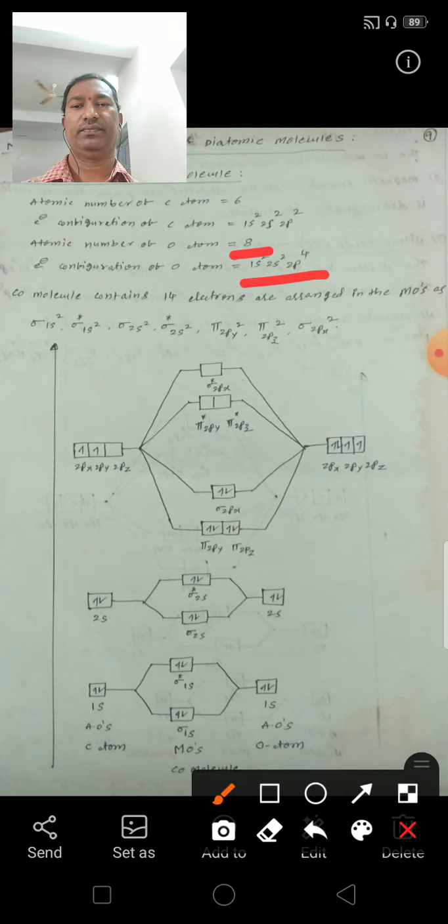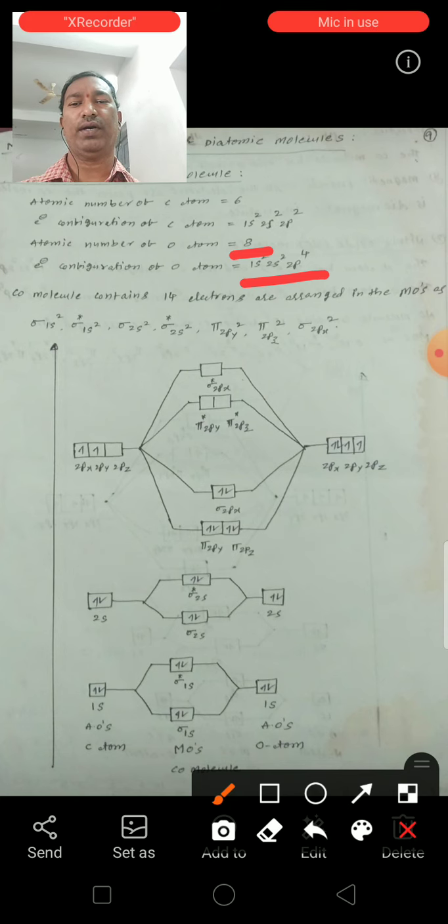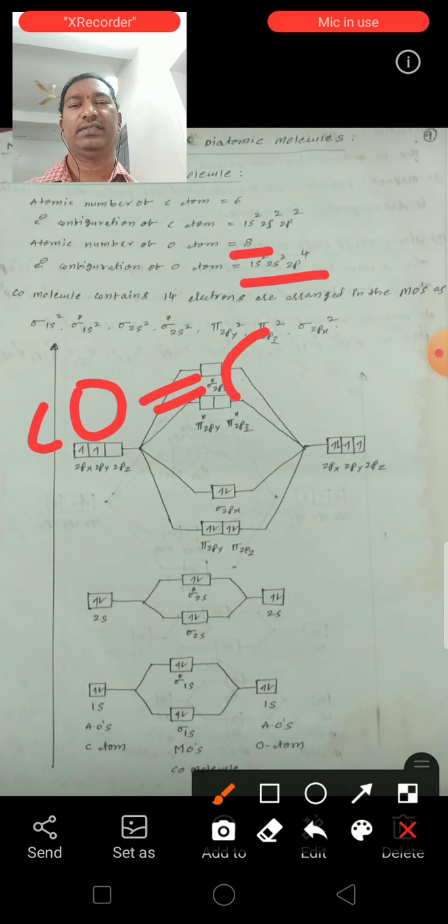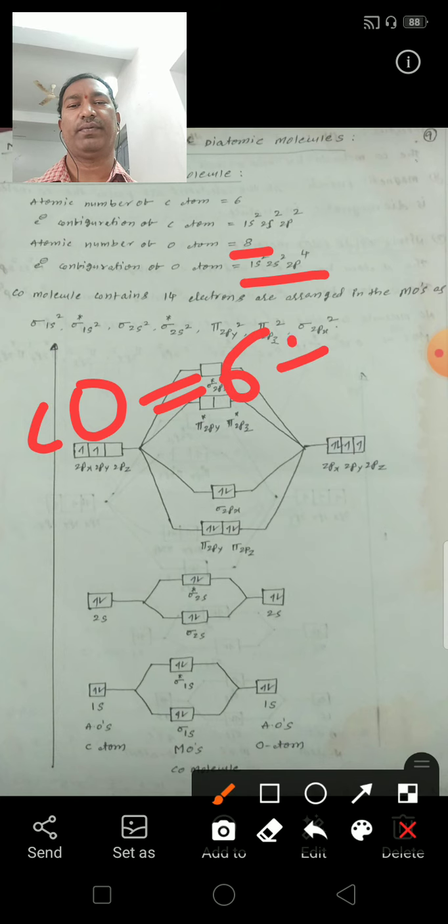So the total CO molecule contains 14 electrons, 6 from carbon and 8 from oxygen.